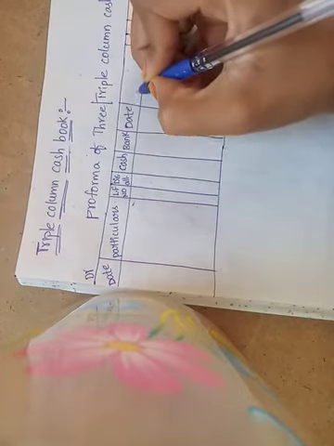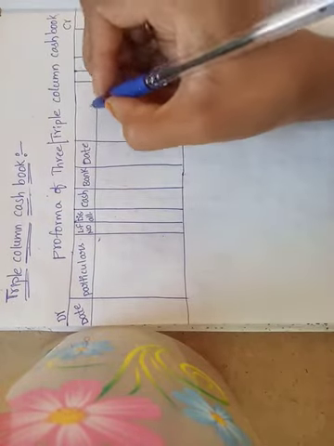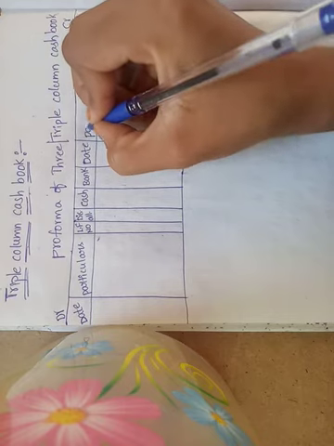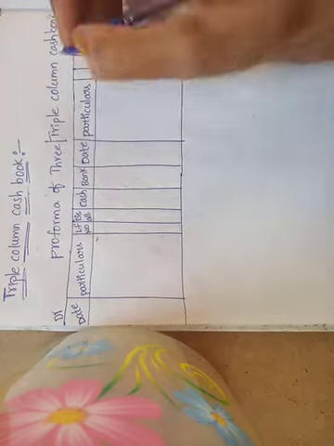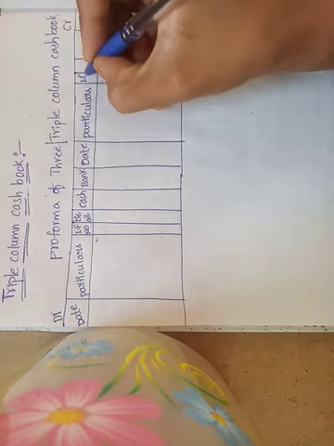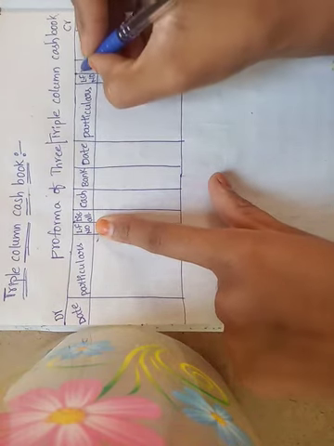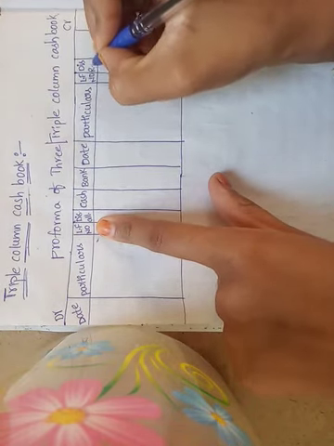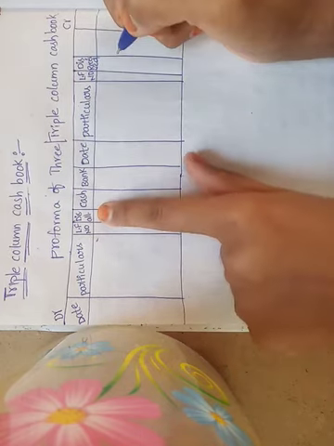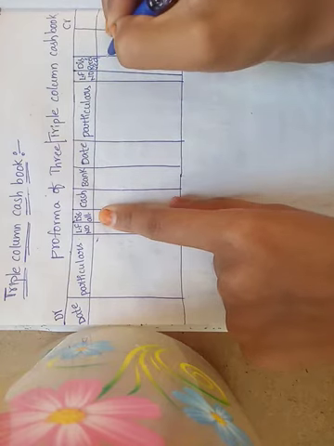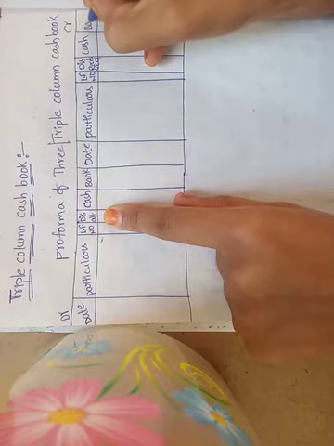Date, particulars, LF number. On the debit side what will be there? Discount allowed. Credit side is what? Discount received. Next are the cash column and bank column.